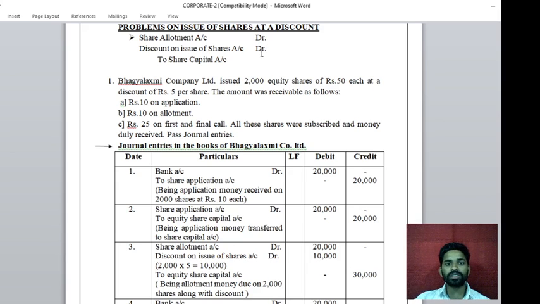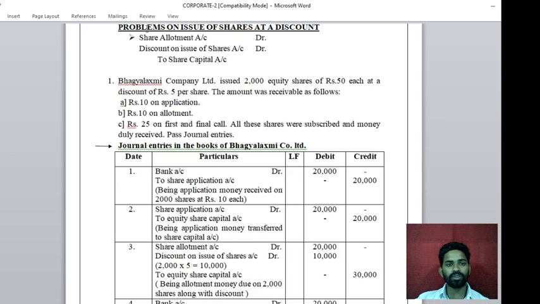This discount entry is passed while the allotment of the shares. Whatever discount they are giving is nothing but a capital loss.